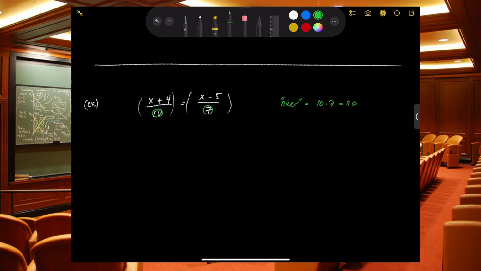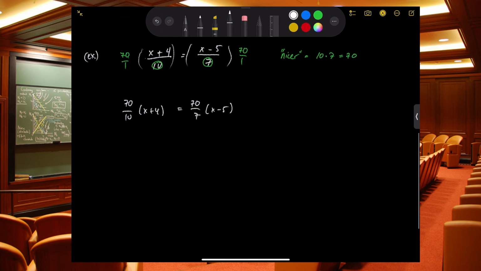So if I blast both sides by 70 over 1, we'll see the 7 and the 70 and the 10, sorry, cancel. So 70 over 10 times x plus 4 equals 70 over 7 times x minus 5. And so 70 over 10 becomes much nicer.